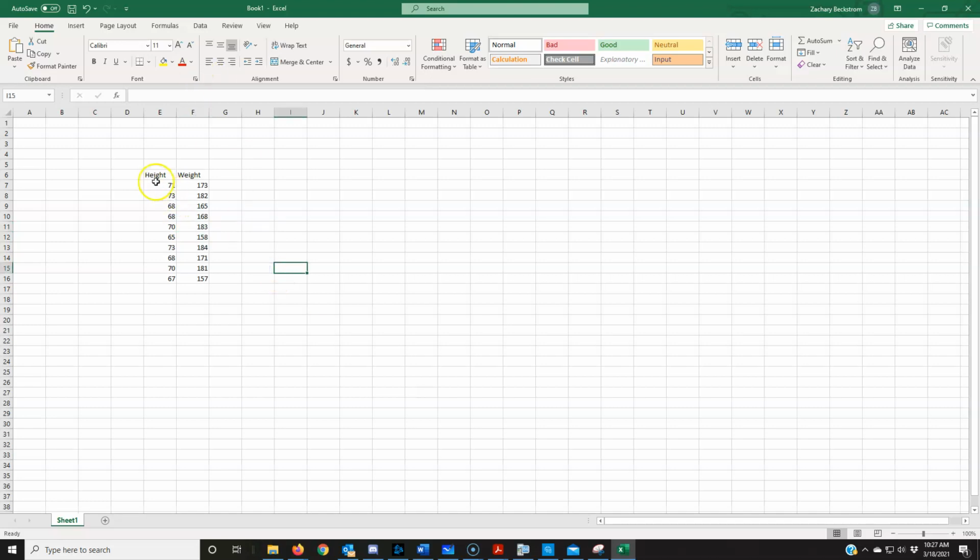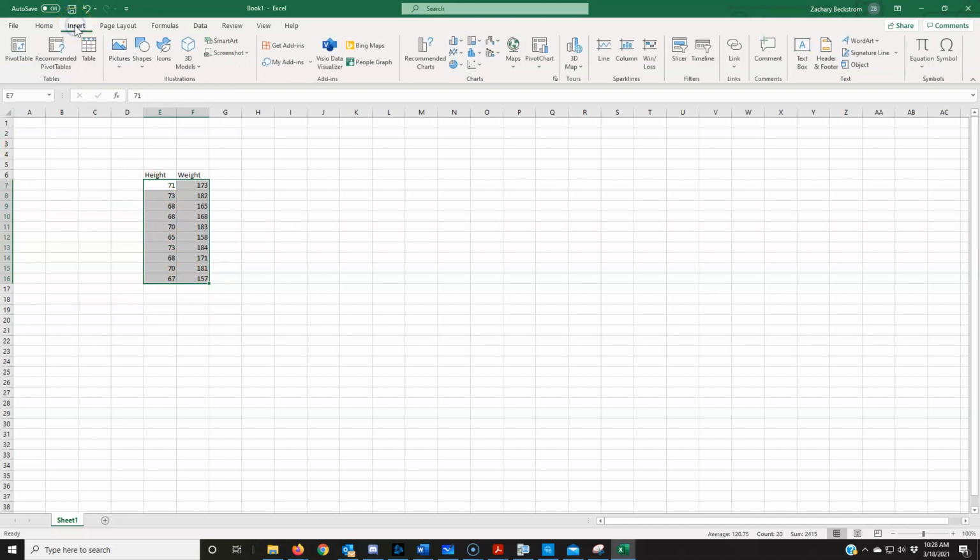All right, so what I would do is I first want to highlight all of these values here. You can either use your left drag to drag it over the values, or you can select the first one, hold your shift key, and then select the last one, and it'll highlight them as well. You just want to make sure they're all highlighted like this. And then we're going to go to the Insert tab at the top.